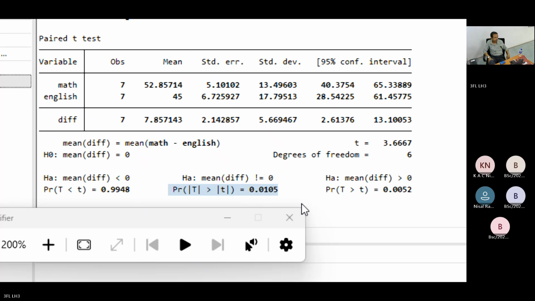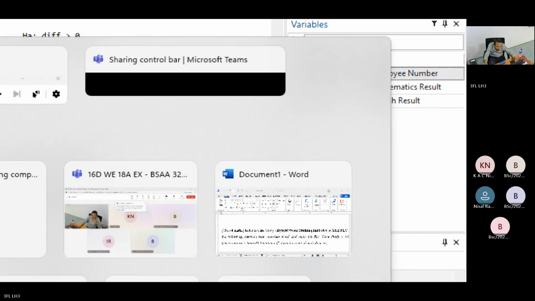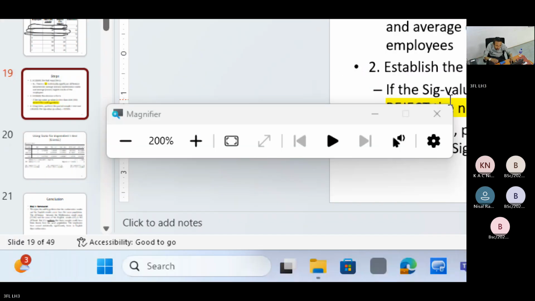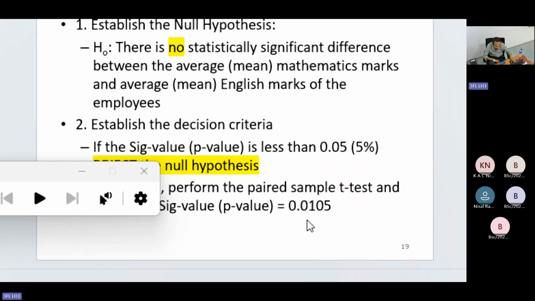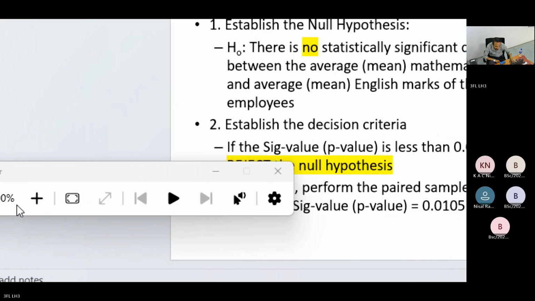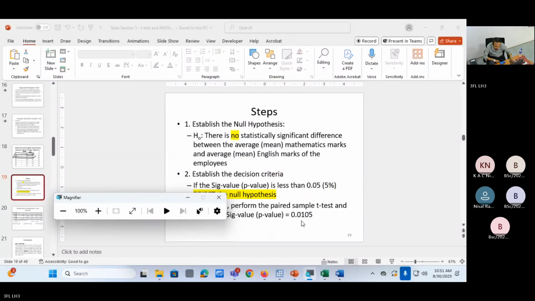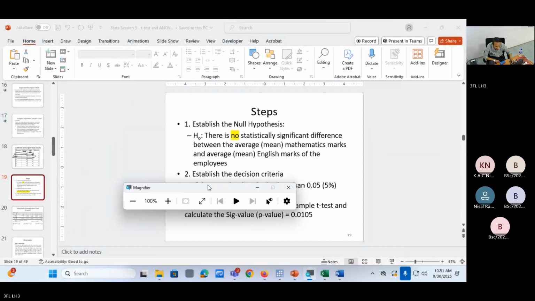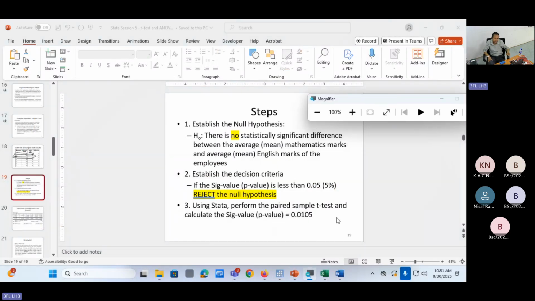So you can take down under step number 3 this value, 0.0105. You can see I have taken it down here.